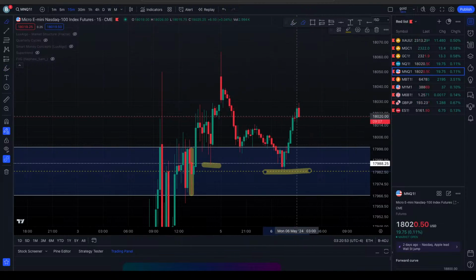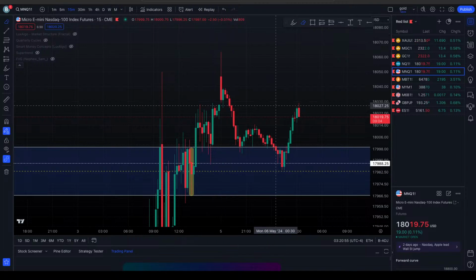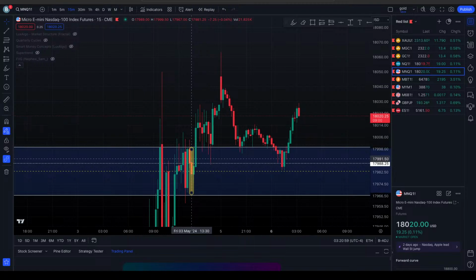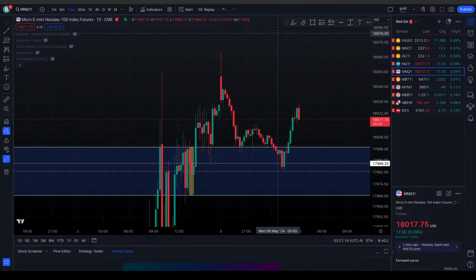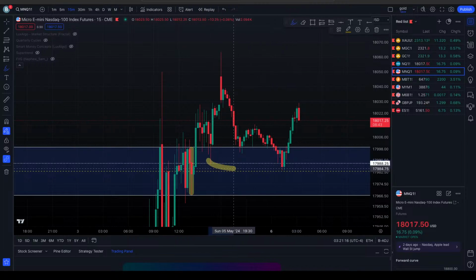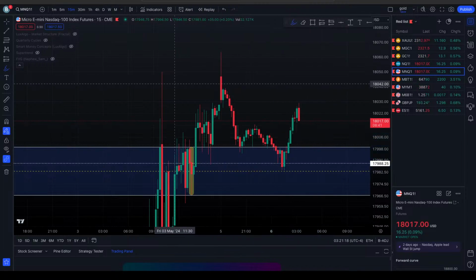What I've been noticing is that we need to break the previous lows while in this, I guess you call it an order block. So when we broke this low, which is this dotted line, and this doesn't close below this 50 level, which is the yellow dotted line, when it stays above it, it usually signals that that's where the reversal is going to come from.